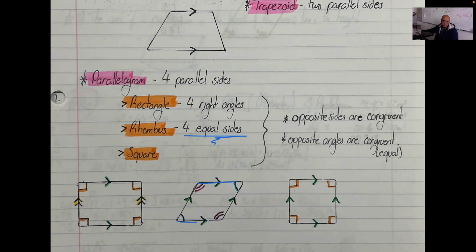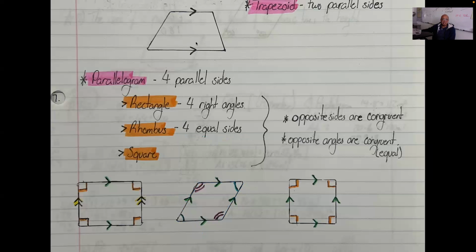Opposite sides are the same, and all the sides are actually exactly the same. So for example, if this was 10 millimeters, this would also be 10 millimeters, as with this and this. That's what makes this parallelogram a rhombus. The fact that it has four congruent sides, four sides that are equal.